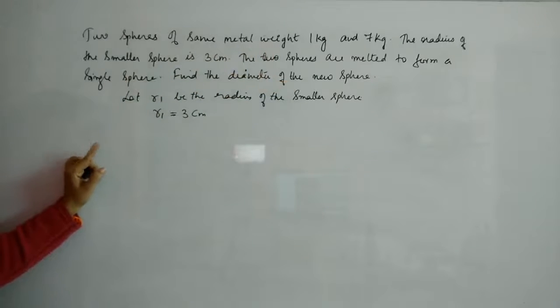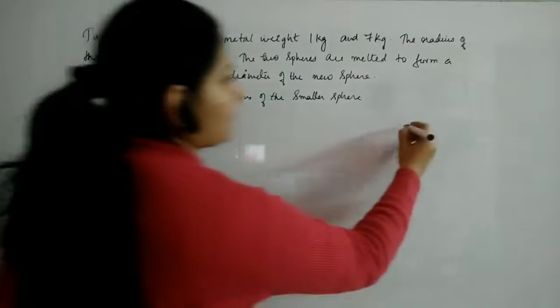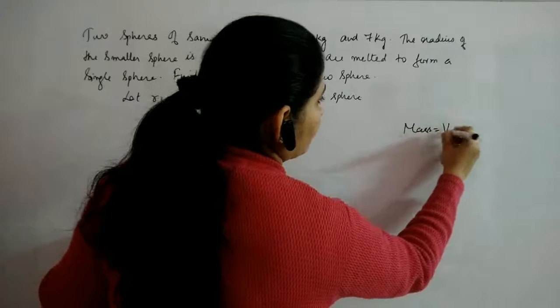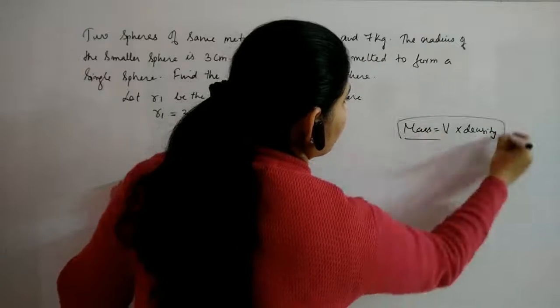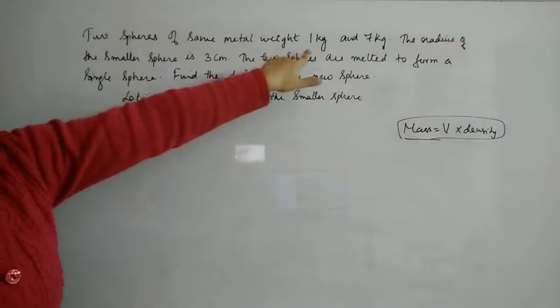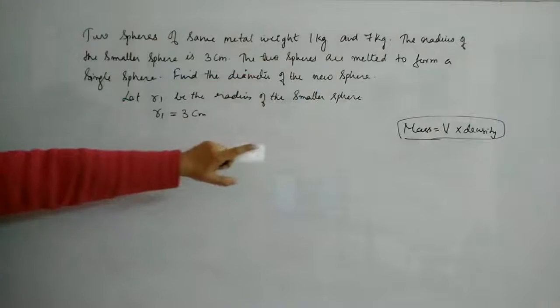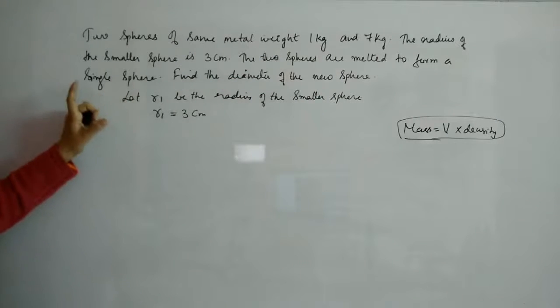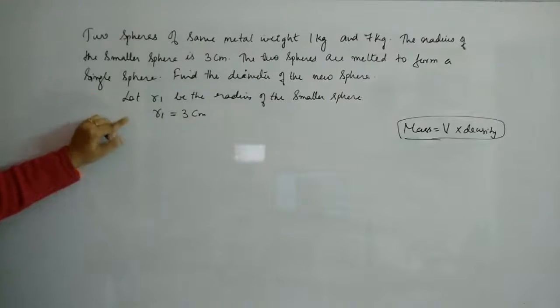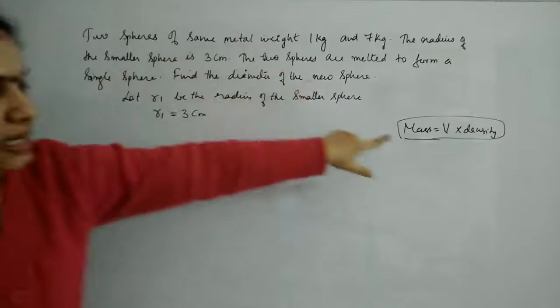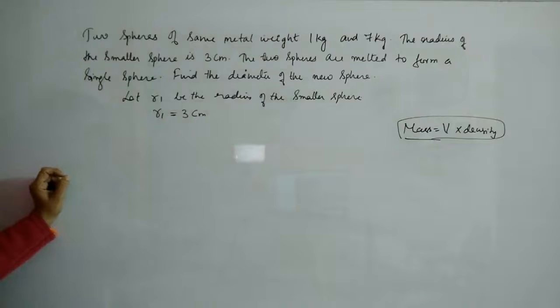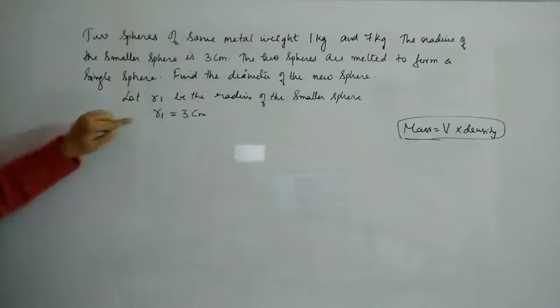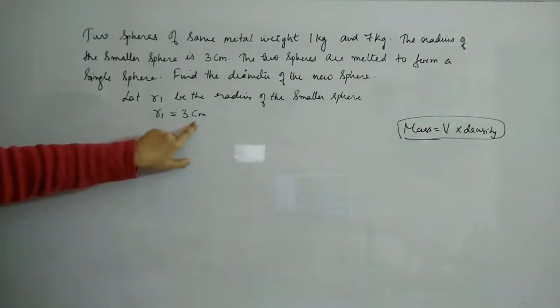Mass is equal to volume into density. The density will be the same for both the spheres, so here you can use the weight as the mass, and from that you can calculate the volume or the other sphere's radius also. R1 is given to be 3 centimeter.